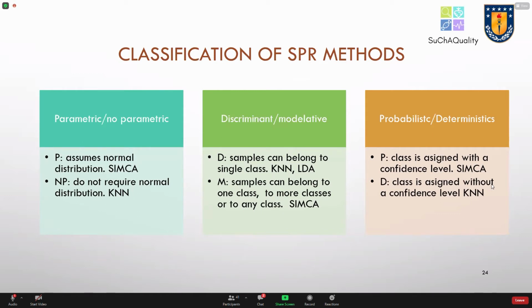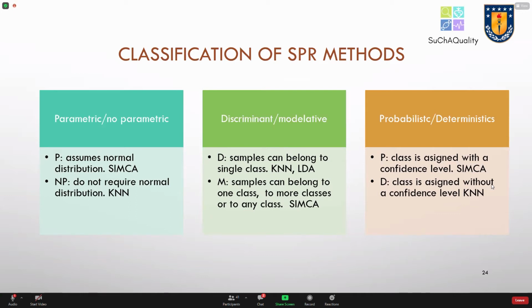This is an advantage of this kind of method, because if we have one sample and this sample is modeled regarding 2 classes, or if this sample is not coming from any class, the method will give us this information. Okay, and also if the sample belongs to both classes, because it's also possible.